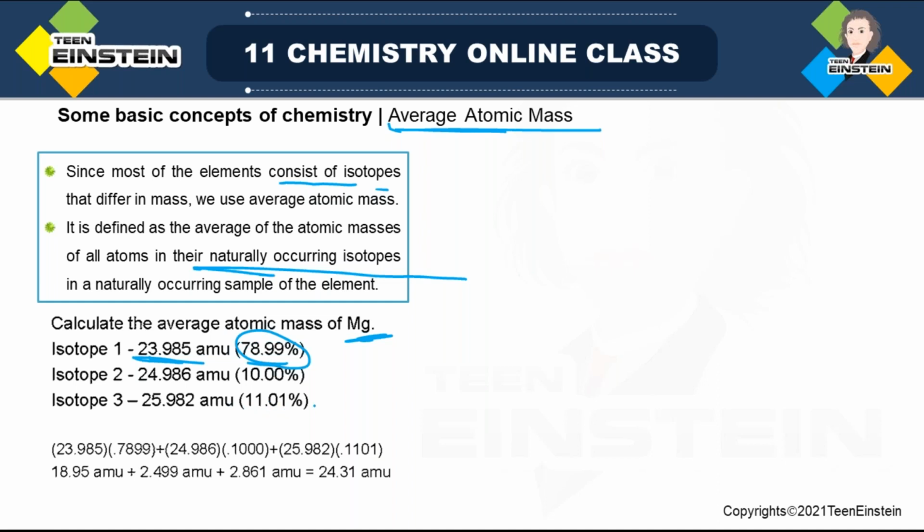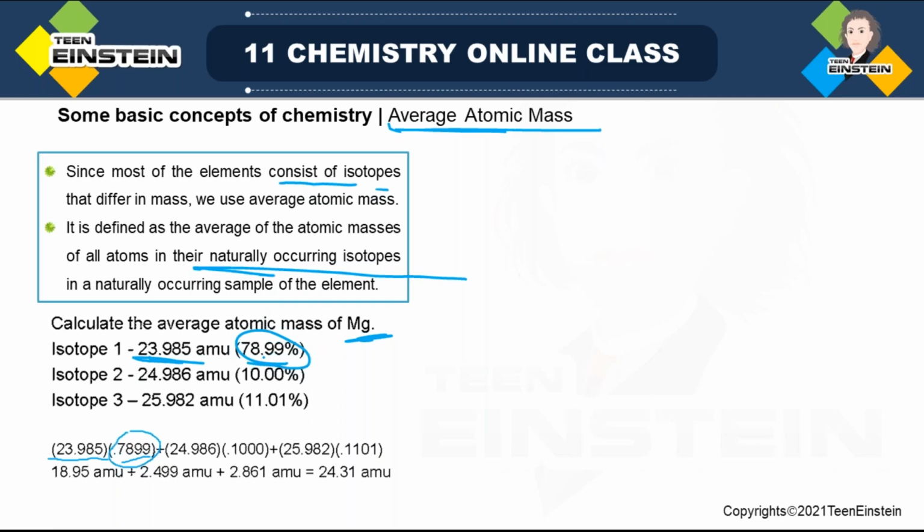Now if you want to know the average atomic mass, what you have to do? You have to multiply each mass with the corresponding percentage. So here we have taken 0.7899. You can also do it another way. Suppose you multiply 23.985 with 78.99.